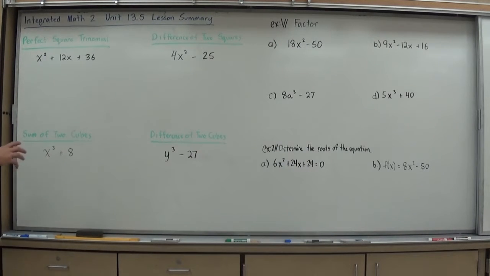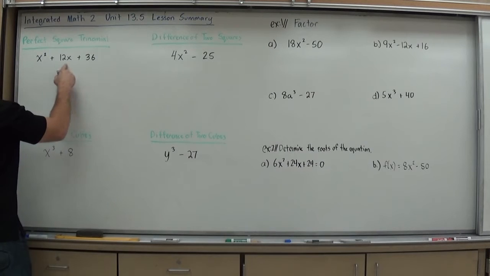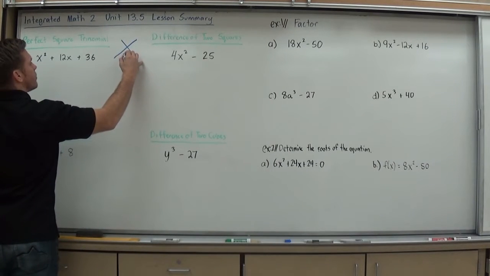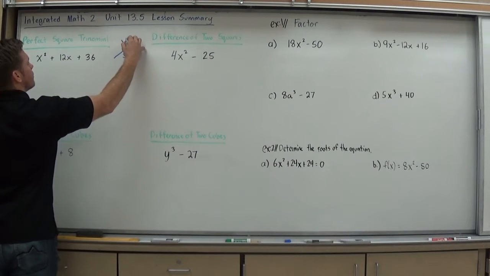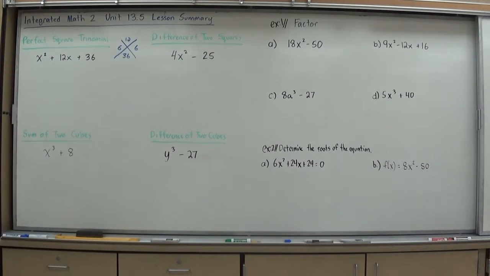Although there is a pattern to this, a shortcut to factoring these, it isn't actually a required one, but it does speed things up. I still have the option of factoring this with the diamond method that I've shown in previous videos, using 36 and 12. But all that happens is I get the same number, 6 and 6.